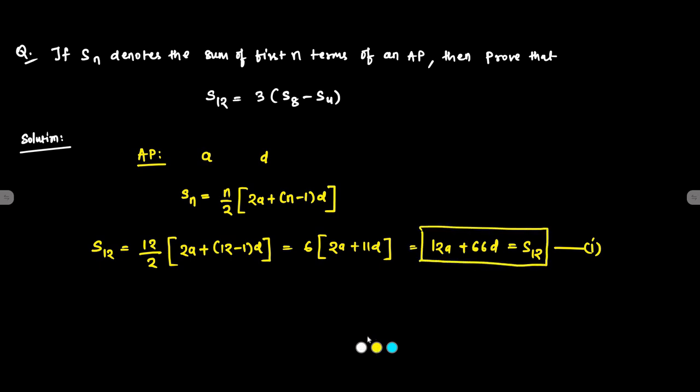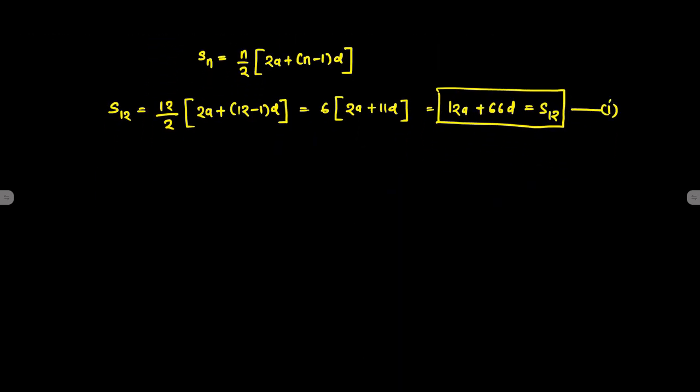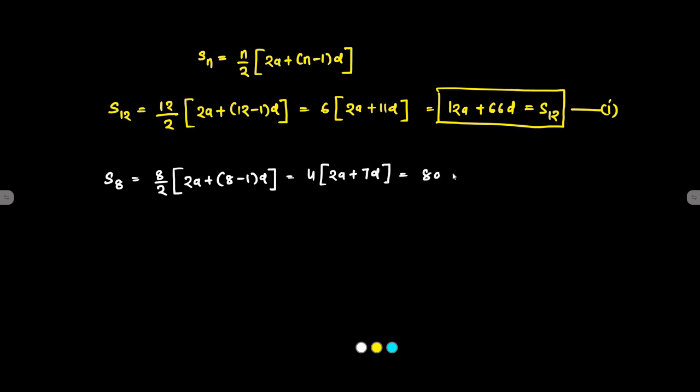Then we have S8. S8 is 8 by 2 into 2a plus 8 minus 1 into d, equal to 4 into 2a plus 7d, which is equal to 8a plus 28d.